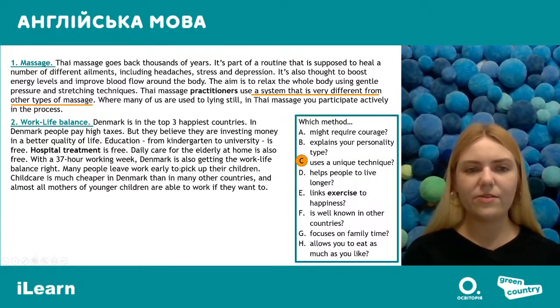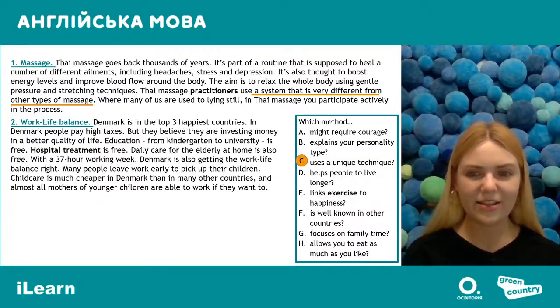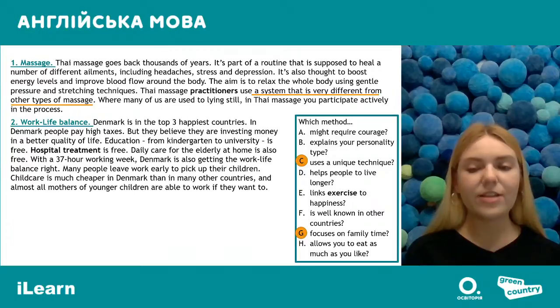And be very, very careful. If you see the same word in the text and in the answer, it doesn't mean that it's the correct option. And yes, the correct option is G, focuses on family time.